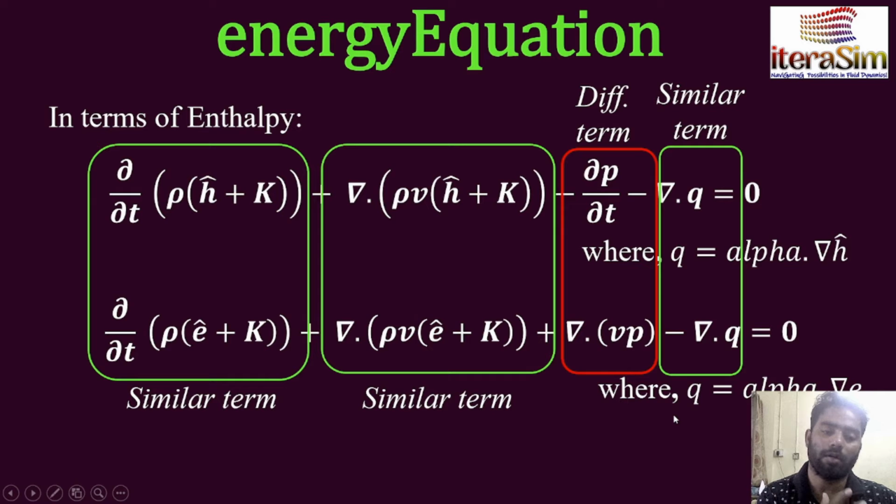This should be kept in mind while coding these equations. This is the basic idea behind coding these two equations. Only the difference is what we are going to focus on, and this term should be treated in a different manner. Let's go to the coding and then you can understand.